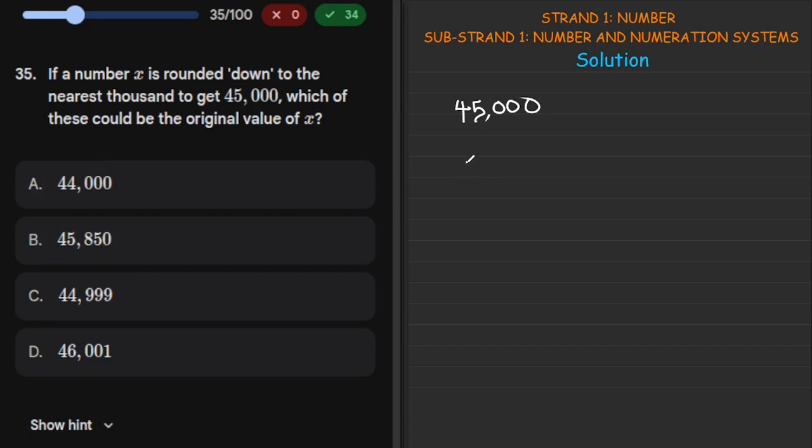Considering the first number, which is 44,000, if you want to round this down to the nearest thousands, if you look at the thousand here, well, this number is already in the nearest thousand, so you can't even round it up nor down, you see, because it's already in the nearest thousands.